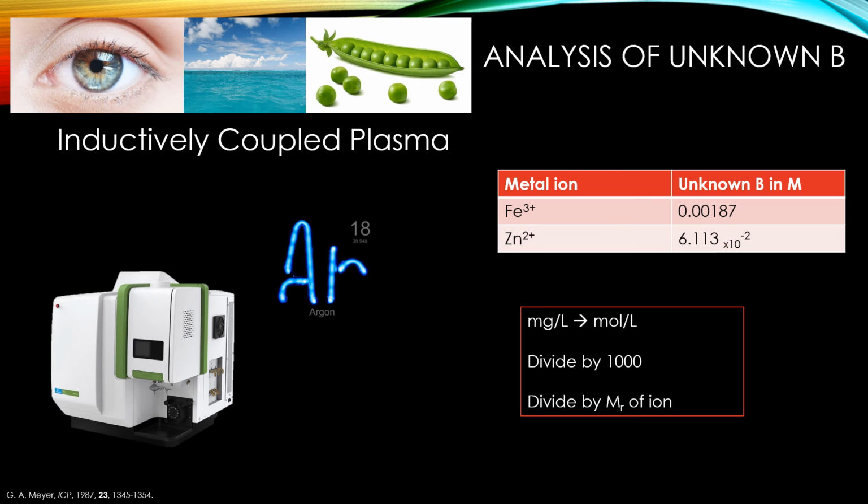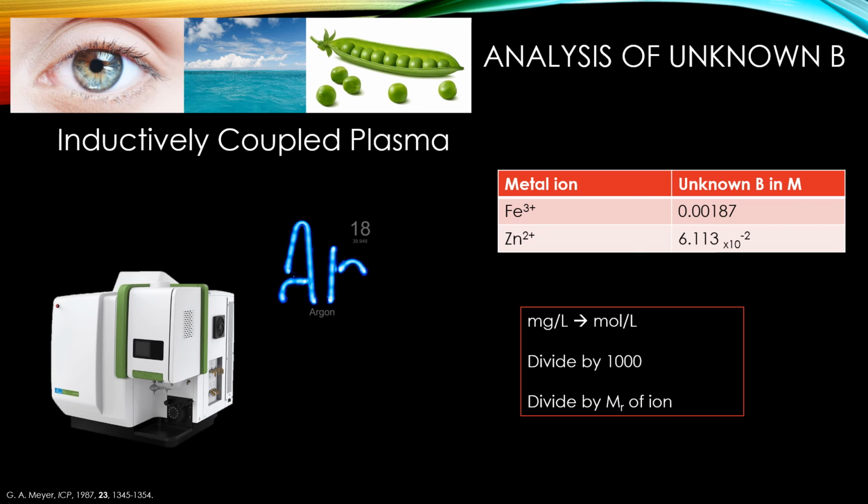This will then cause a temperature change, which can be detected by the machine, and each different element and cation has a different temperature change. This can be correlated to the concentration of said ion or cation in solution.